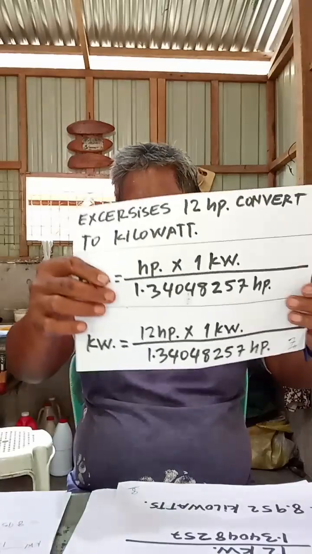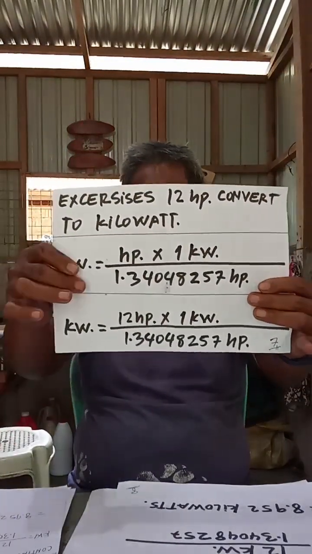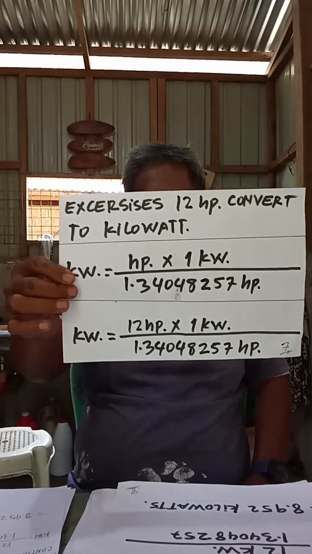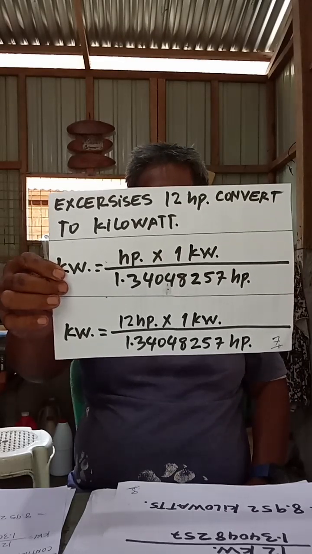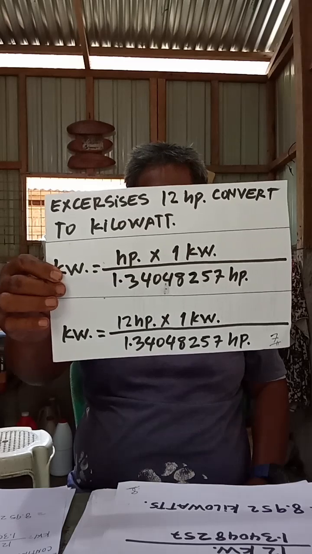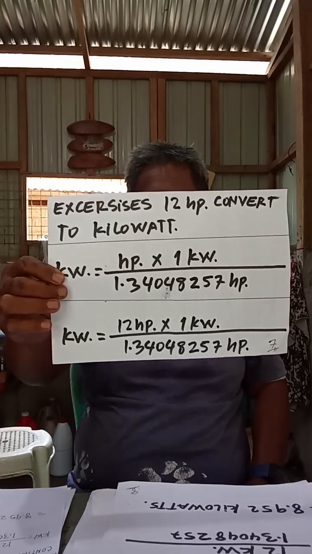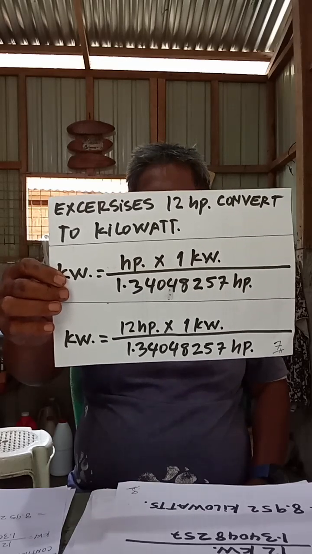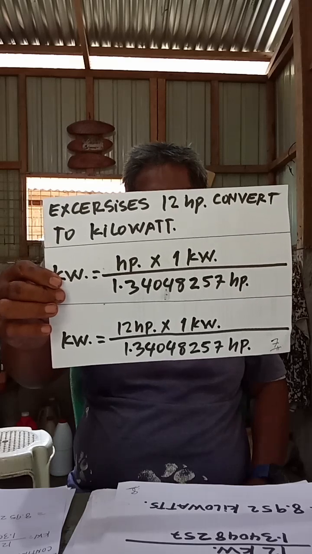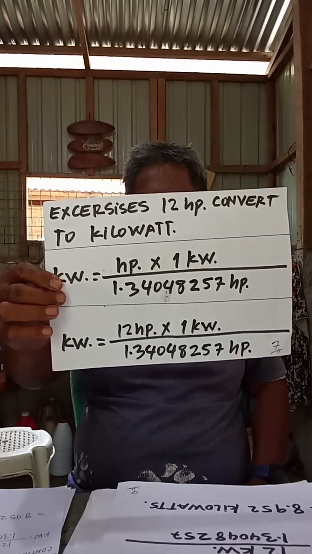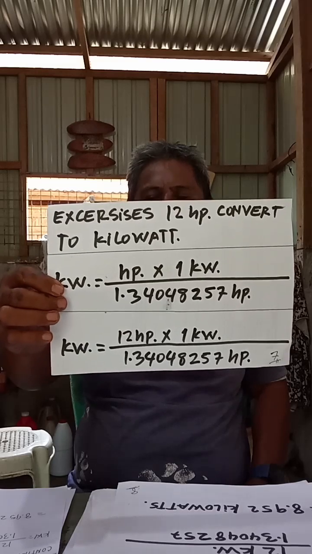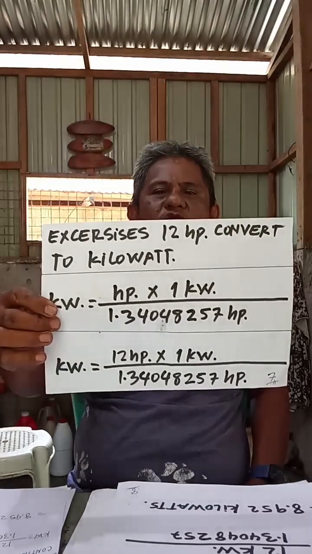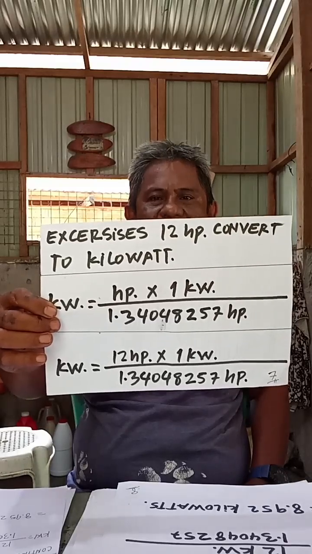So, exercises. Example. 12 horsepower convert to kilowatt. So, to find kilowatt is horsepower times 1 kilowatt over 1.340482574 horsepower. So baba, kilowatt, 12 horsepower times 1 kilowatt over 1.340482574 horsepower. So horsepower over horsepower, so cancel.